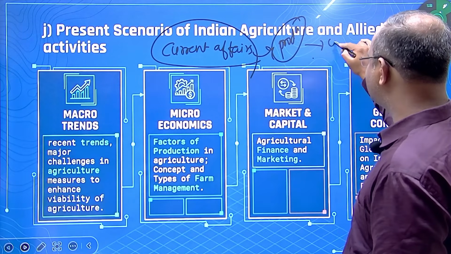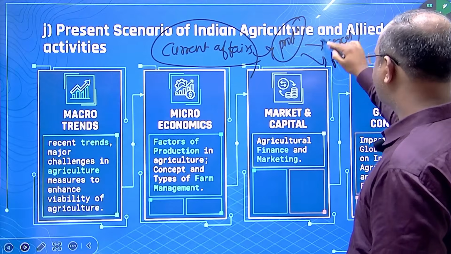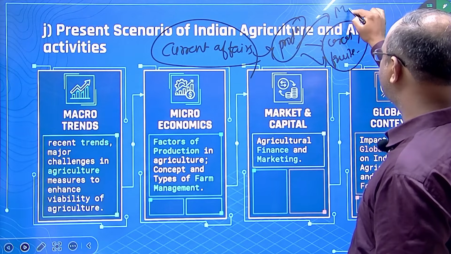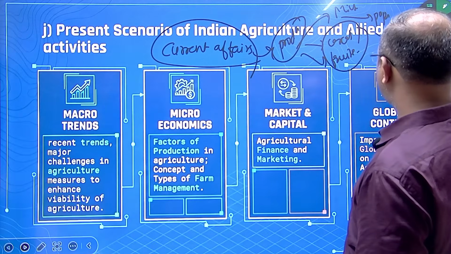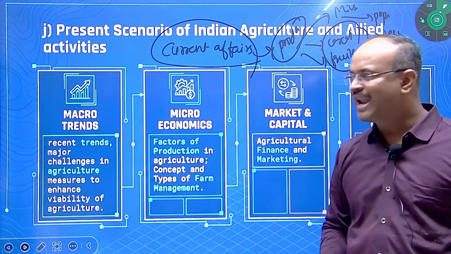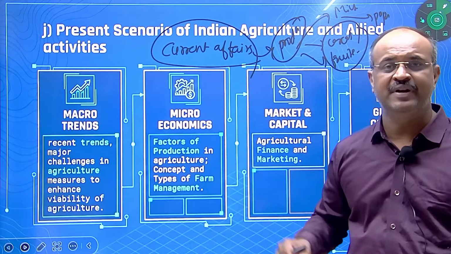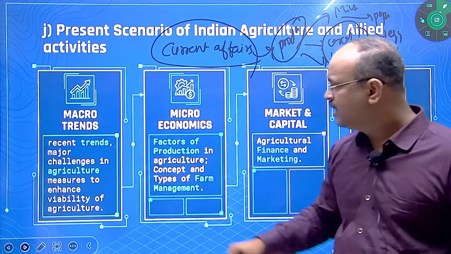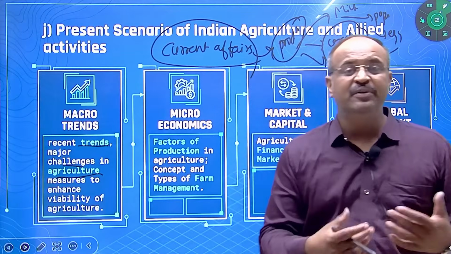It may be cereals, it may be fruits. Getting? It may be milk production, poultry production, egg production, etc. They can ask you about the trends going on with respect to the production of these different crops. So first is this, then challenges in agriculture, and the different measures.